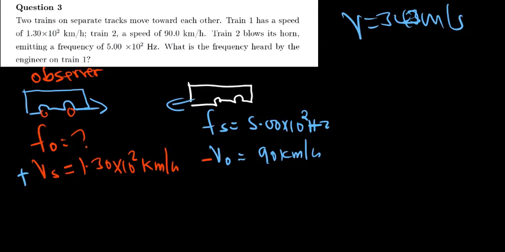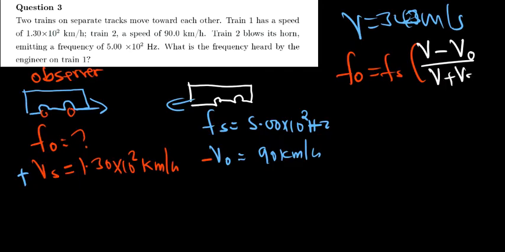So the formula I'm going to use has V minus VO on top, since the VO has to be negative, and then V plus Vs below. Okay?